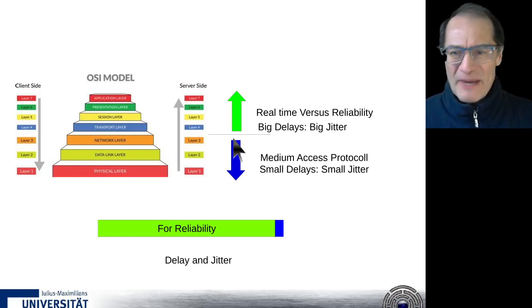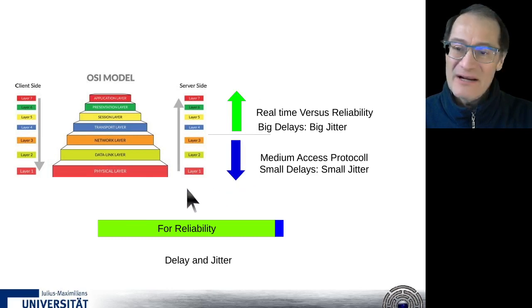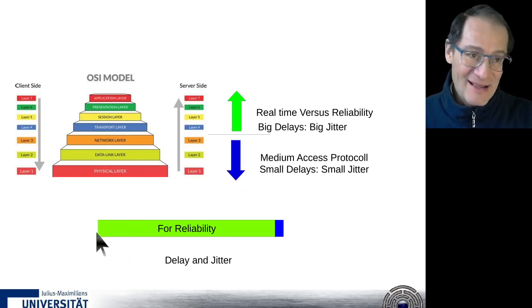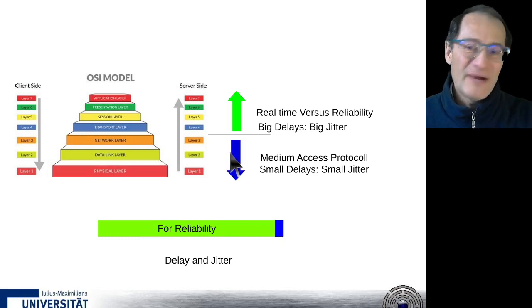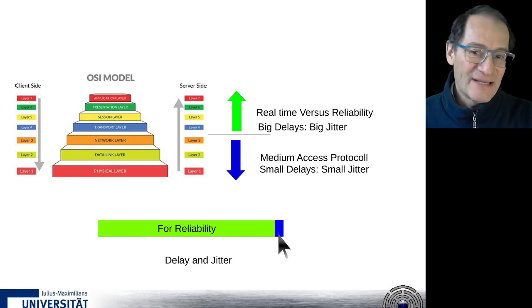But let's compare. If we see the effort or the time delays and jitter we introduce here, and the jitter and delays we introduce here, we have a situation like this. For reliability, with the upper layers, we will introduce a delay and jitter of this size. And for the medium access, we will have a jitter or delay of this size.